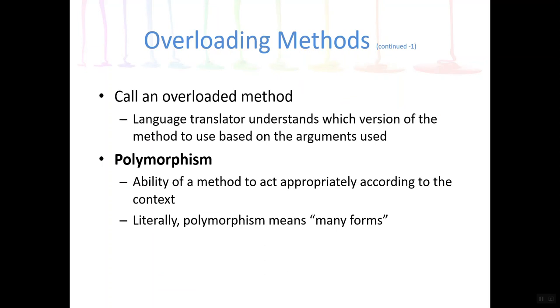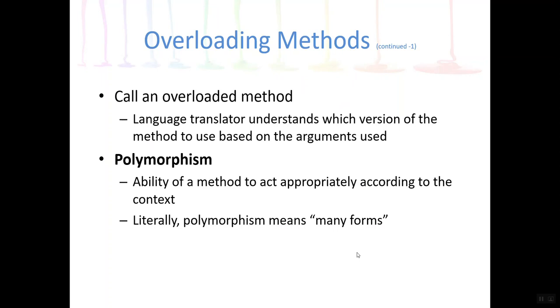So when you call an overloaded method, for example, let's say I have a method called my method, and I have another version of my method, and I have a third version. So I have three different methods with the same name. The language translator will be able to pick out which is the appropriate one based on what kind of arguments I'm passing to my method.